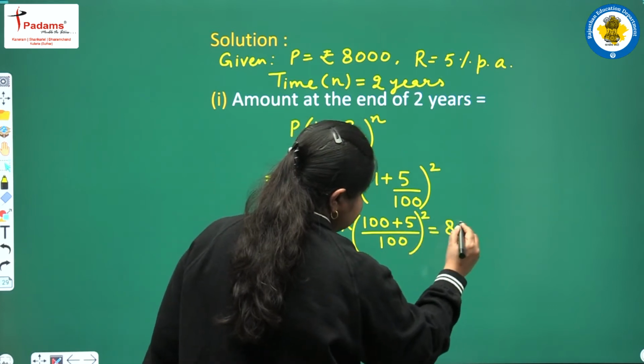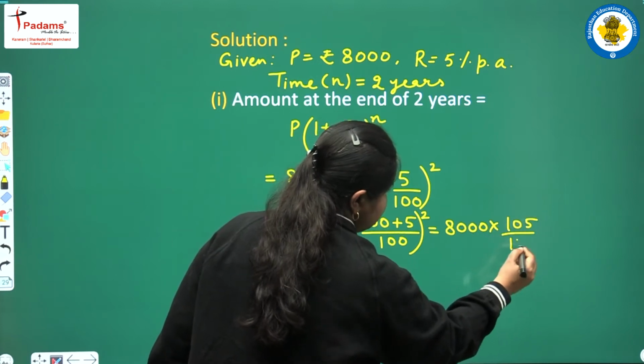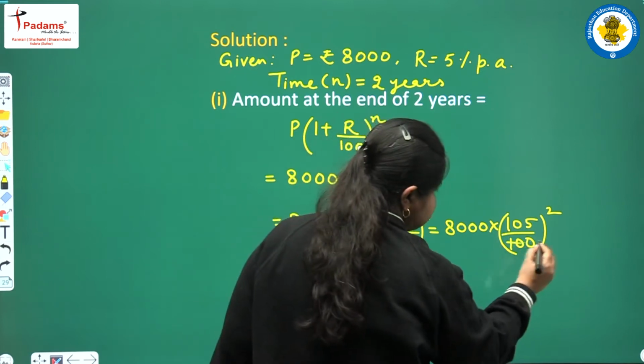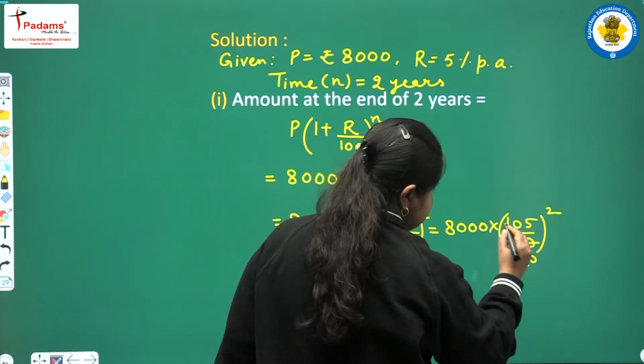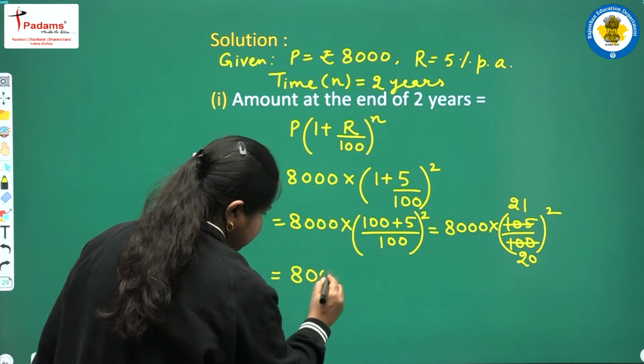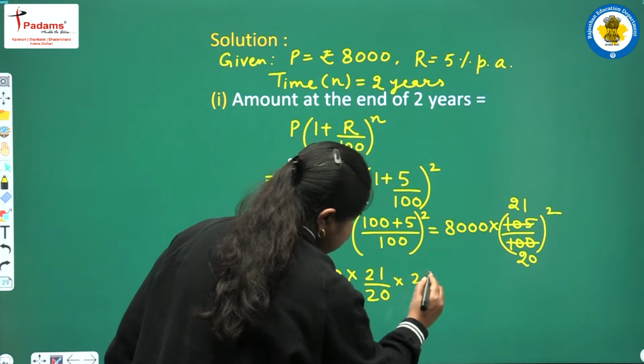This can be written as 8,000 into 105 upon 100 whole square. Now these two numbers are divisible by 5, 20 times and 21 times. So this will give us 8,000 into 21 by 20 into 21 by 20.